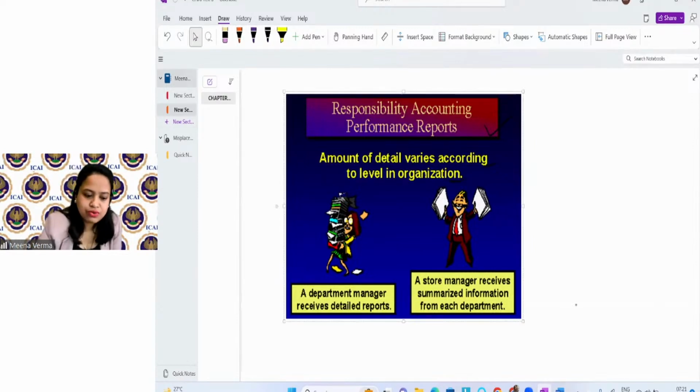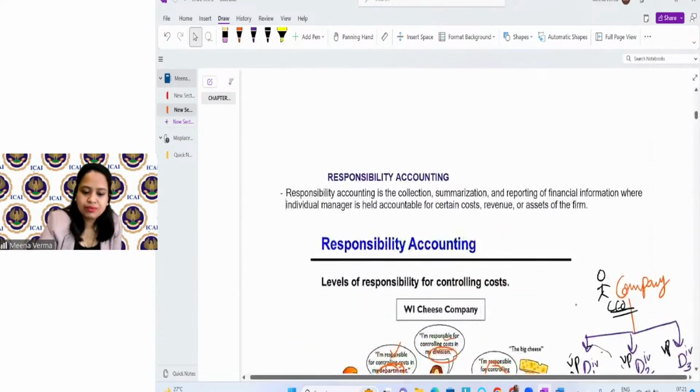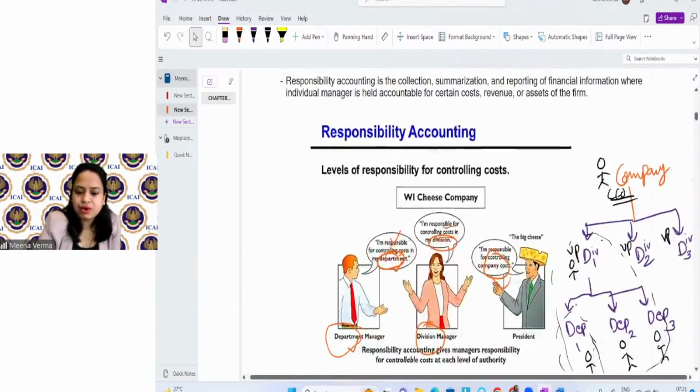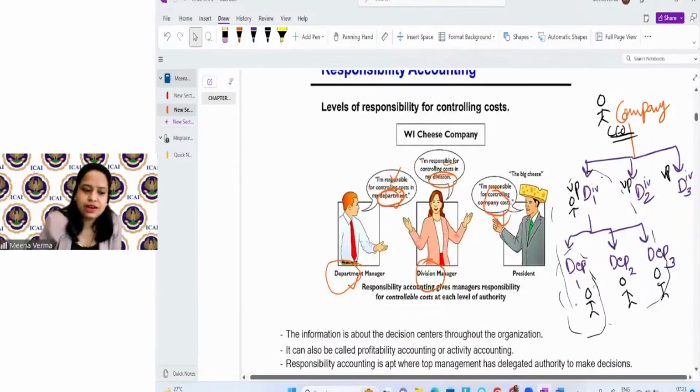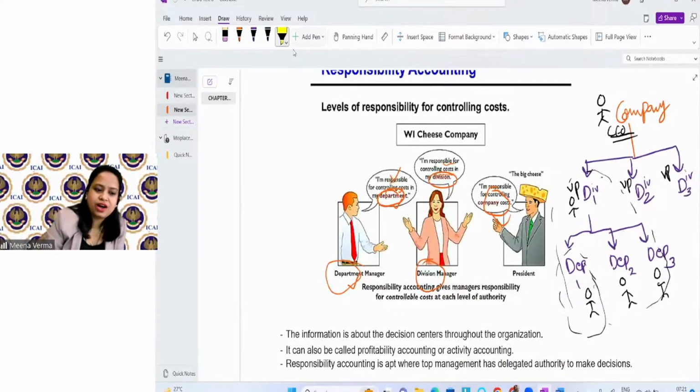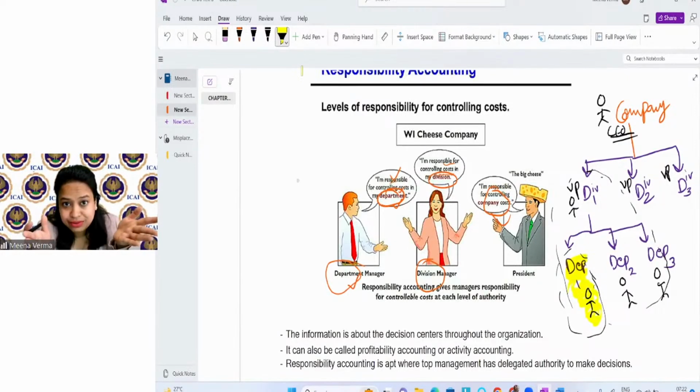Now look, if you see here, this is something I want to talk about. We have just learned an organization can have this type of hierarchical structure. Now what will happen? The department manager will have more detailed information and data of their department.